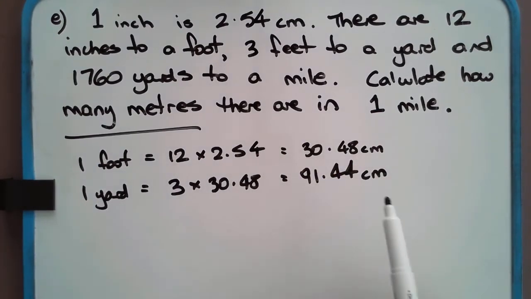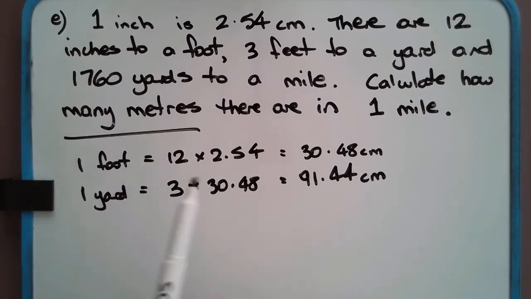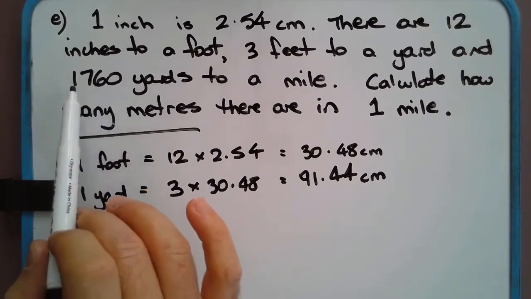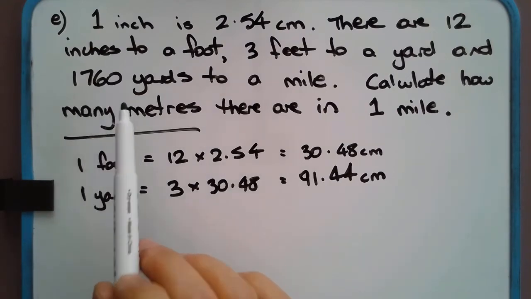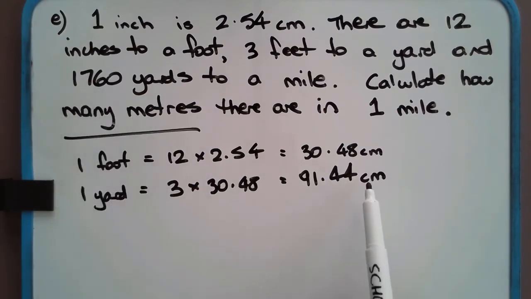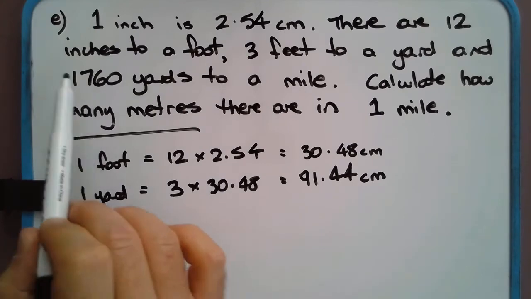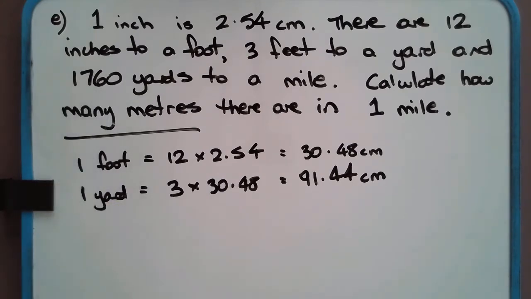Many sports still use yards, so it's good to know that a yard is just a little bit less than a meter. If there's 1,760 yards to a mile, and a yard is quite close to a meter, we know that the answer is going to be pretty close to 1,760 meters. We won't be too far off from that.